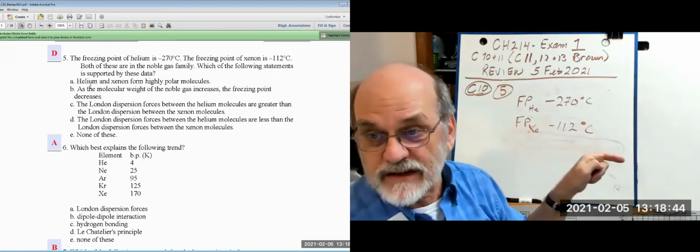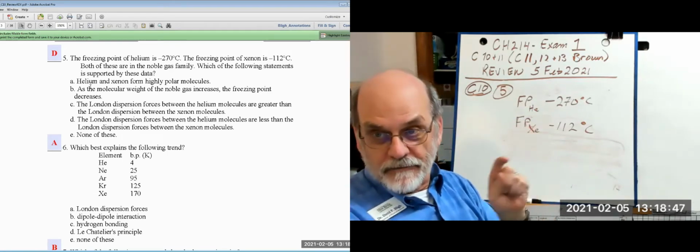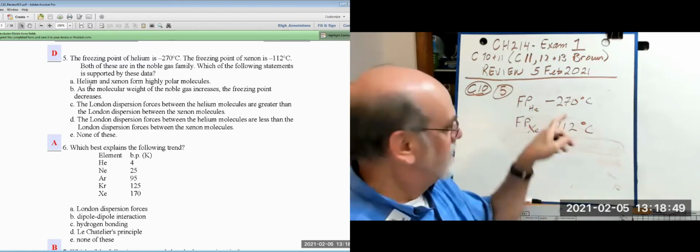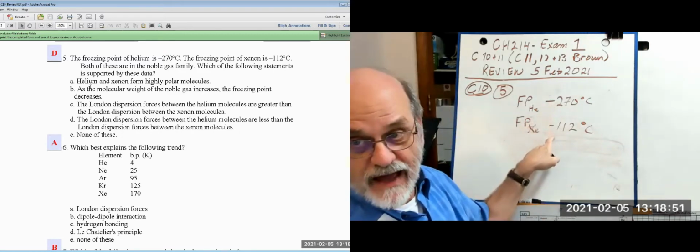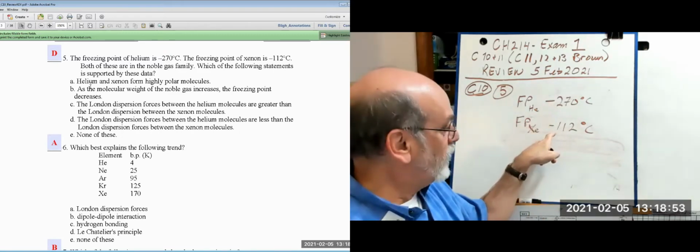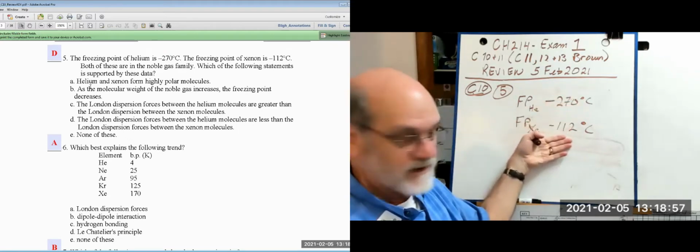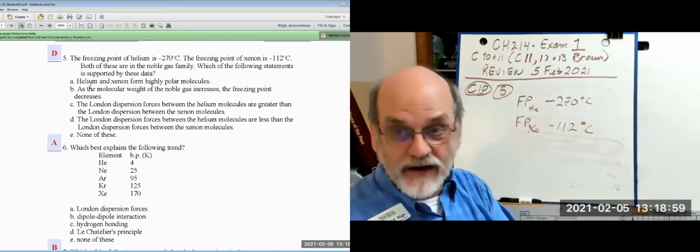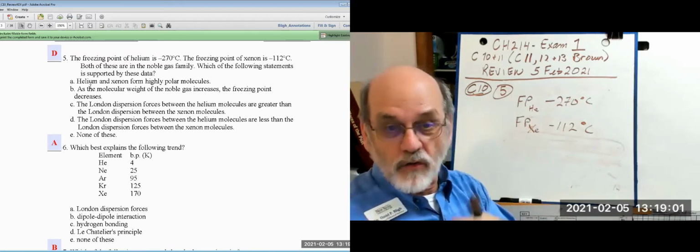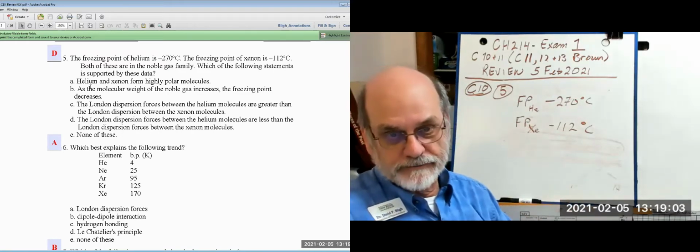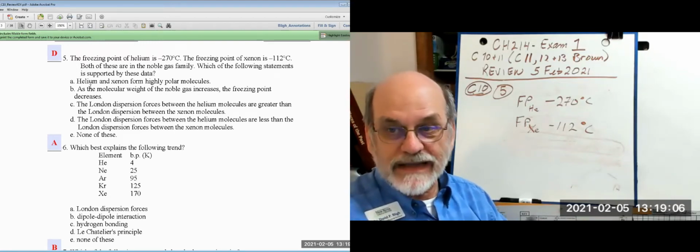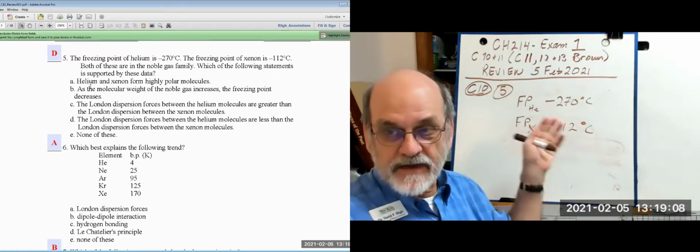Actually, the freezing point increases. The trick there is to watch that negative sign. The freezing point increased from here to here because it was less negative. That could throw you. So that means B is also false. The freezing point actually increases as the weight increases.